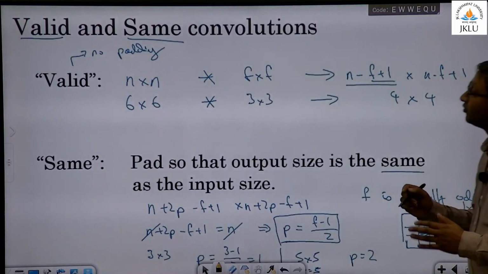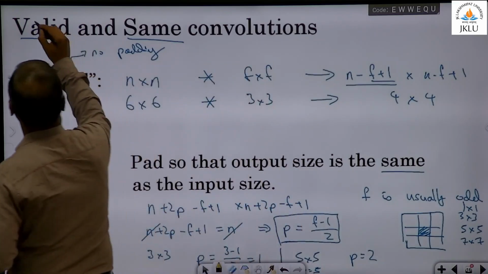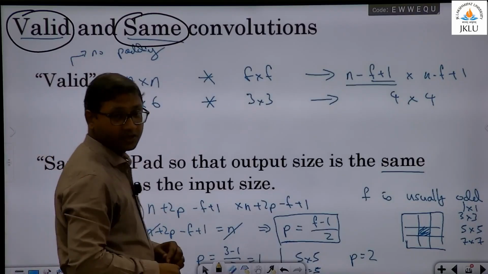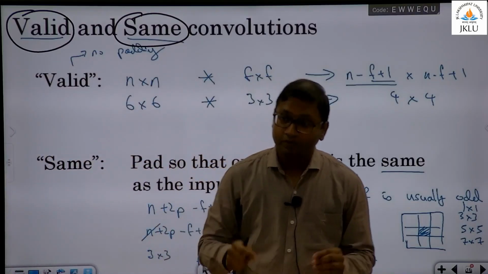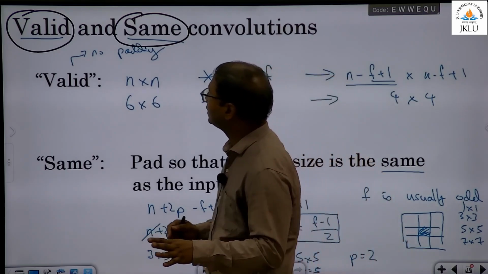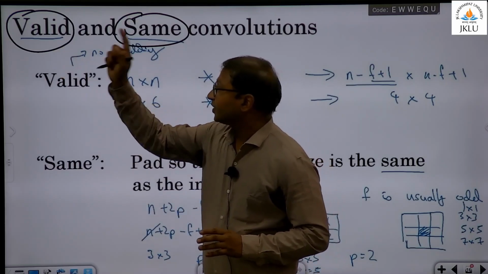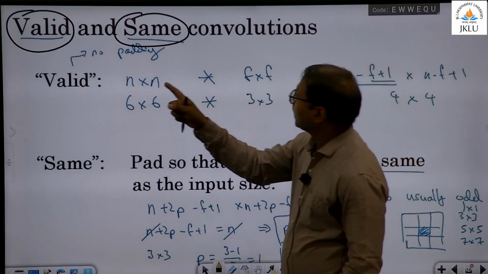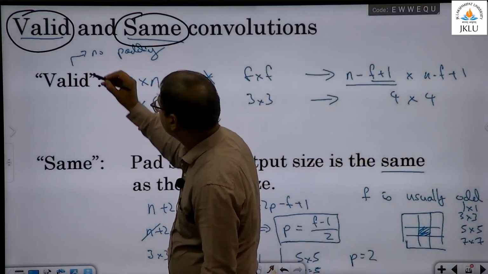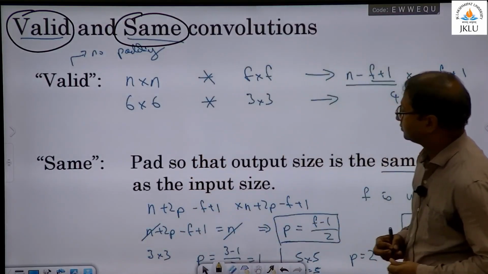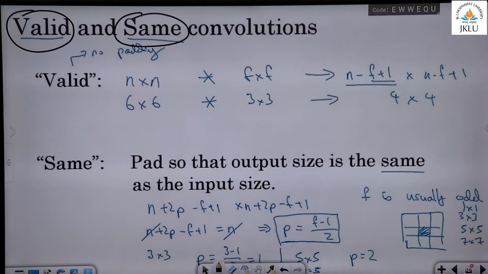Okay, now these are weird names that you will find everywhere. When computer vision and NLP communities were growing, there were very few researchers working in this. It was not as hot as it is today. So you know what is a valid convolution? So valid is padding, same is padding. What is a valid padding?